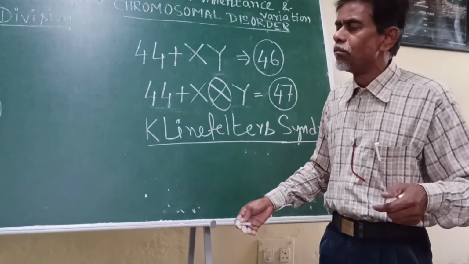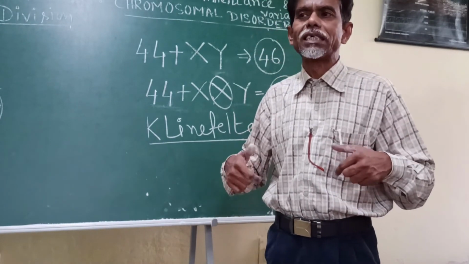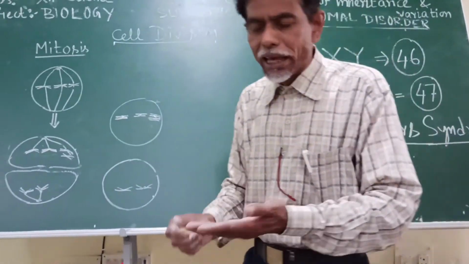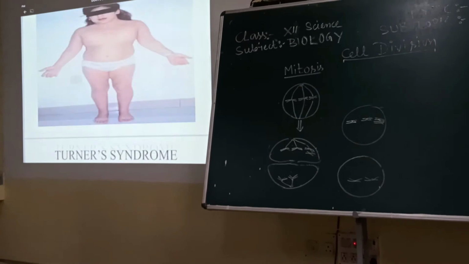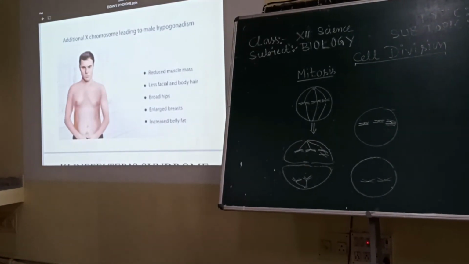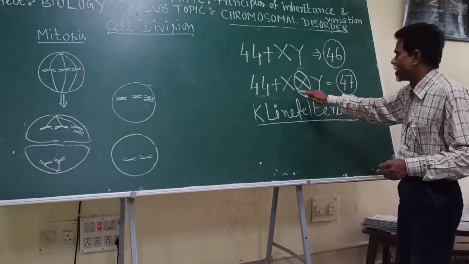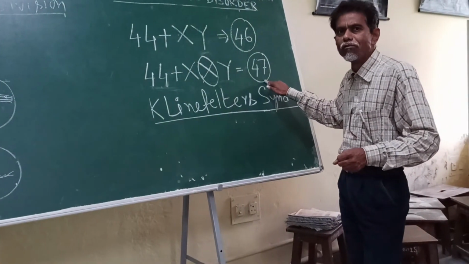Externally, this is by development of excess breast, that is, the breast will become like a female's. I will show you the clipping here. So in Klinefelter syndrome, as we see, there is an extra X chromosome, so the total number of chromosomes becomes 47.